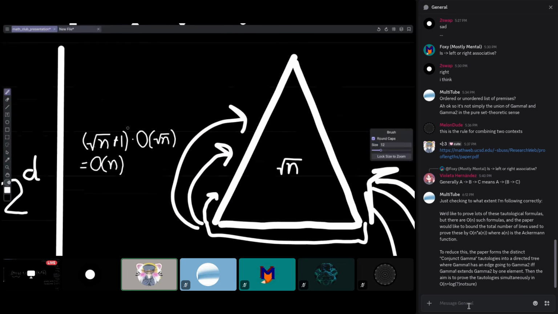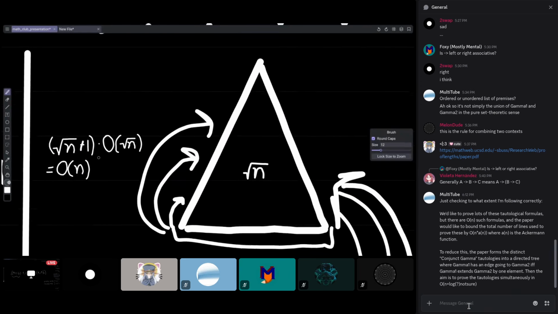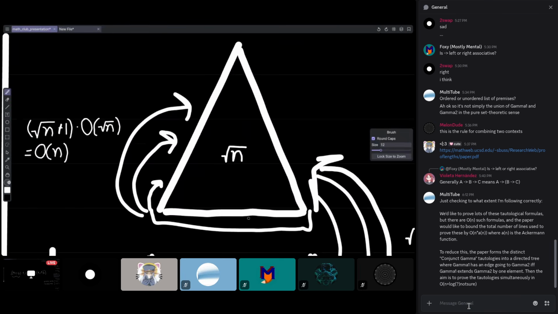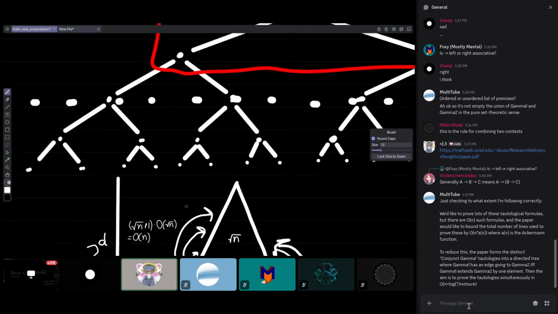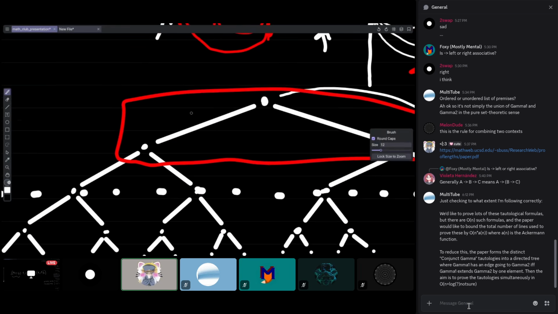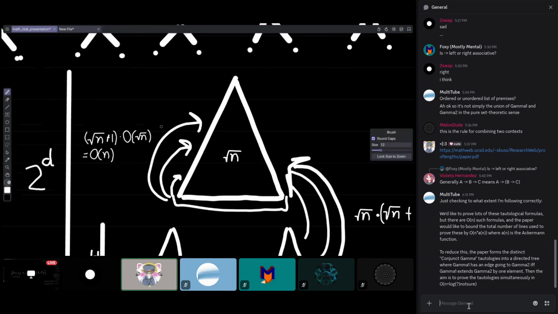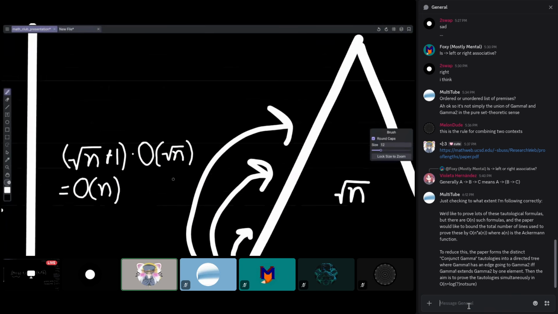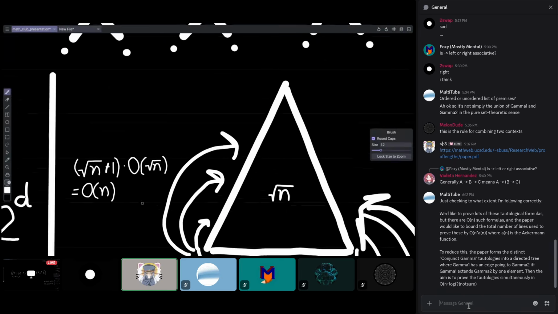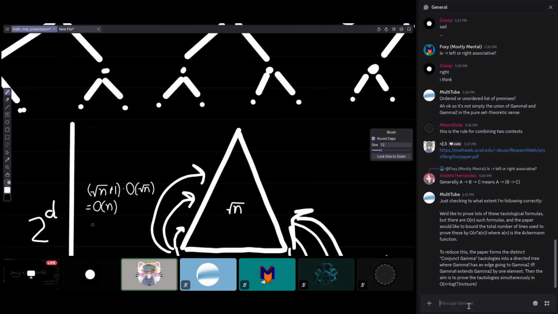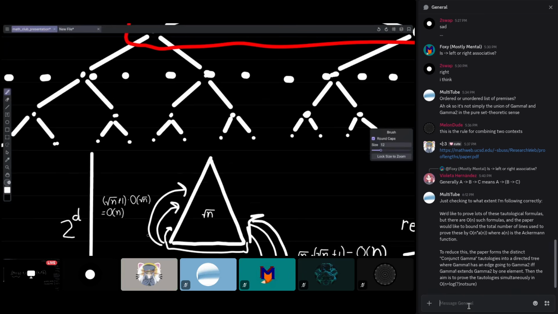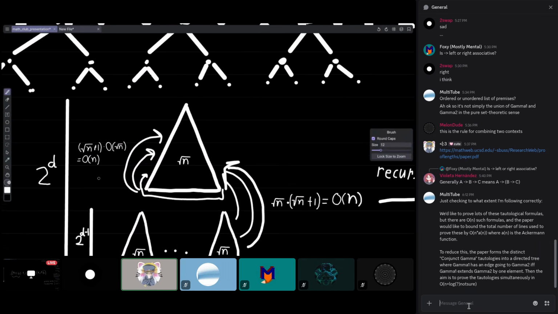So from these root n+1 leaves, we need to jump to each and every one of these parent nodes. And there's at most root n of those. This is an extreme overestimate, but anyways, it still gives you big O on the order of n. Okay, do you agree with that?